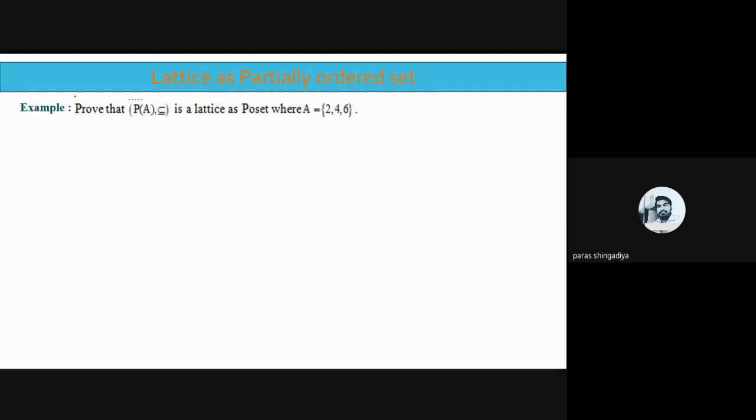P of A is the power set, where A is {2, 4, 6}. So P of A includes the empty set as the first subset, then {2}, then {4}, {6}, and after that {2, 6}, {2, 4}, and {4, 6}.